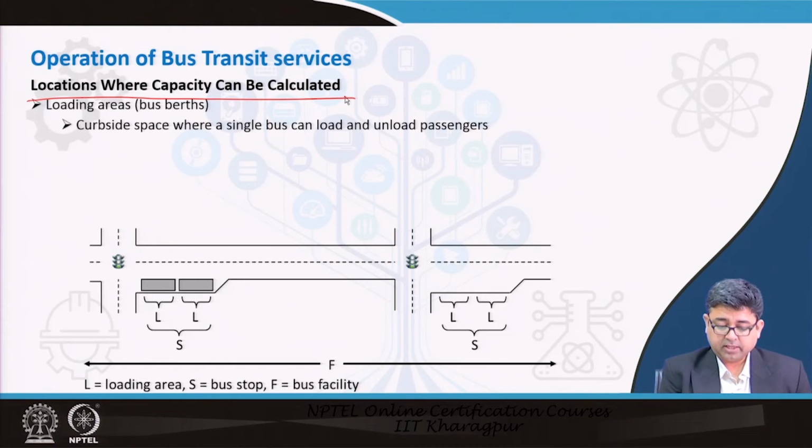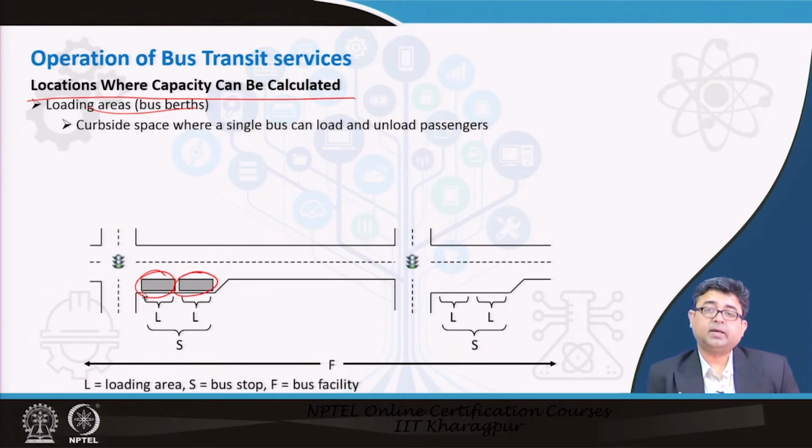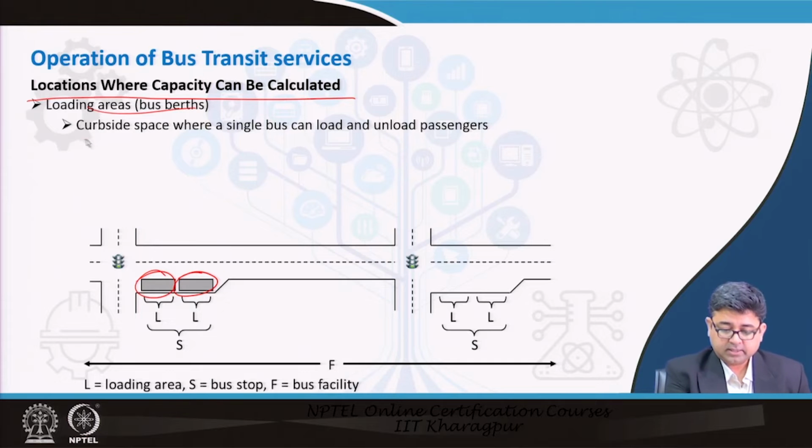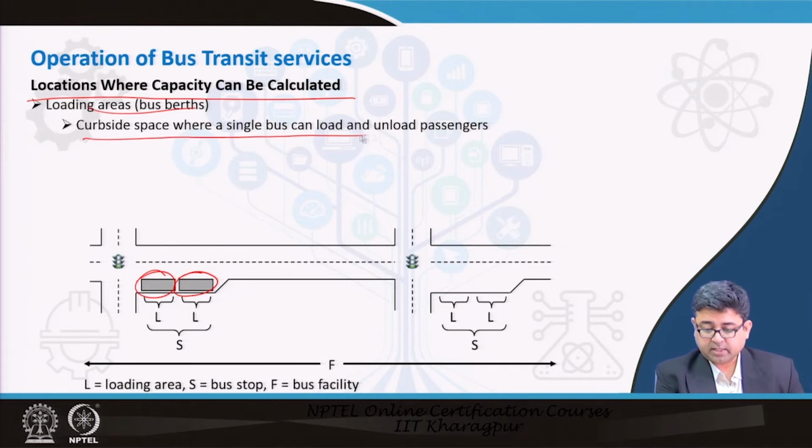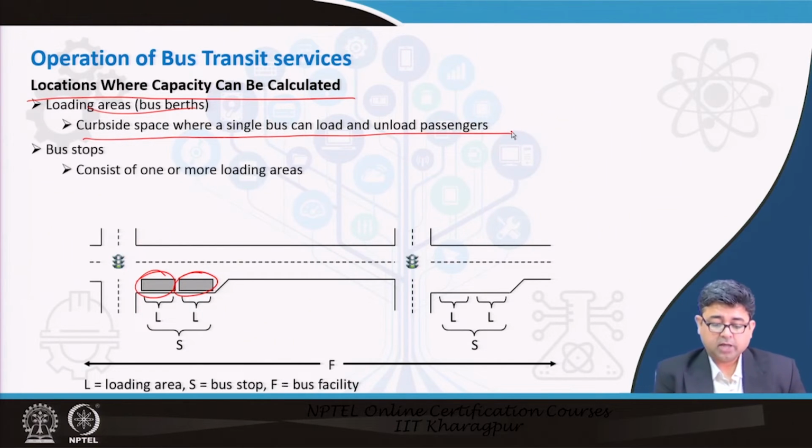It can be calculated at the loading areas of the bus berths, right. These are the loading areas usually. So, you can calculate the capacity of loading areas, that is the curbside space where a single bus can load or unload passengers. You can measure the capacity of the bus stop together with the loading areas.